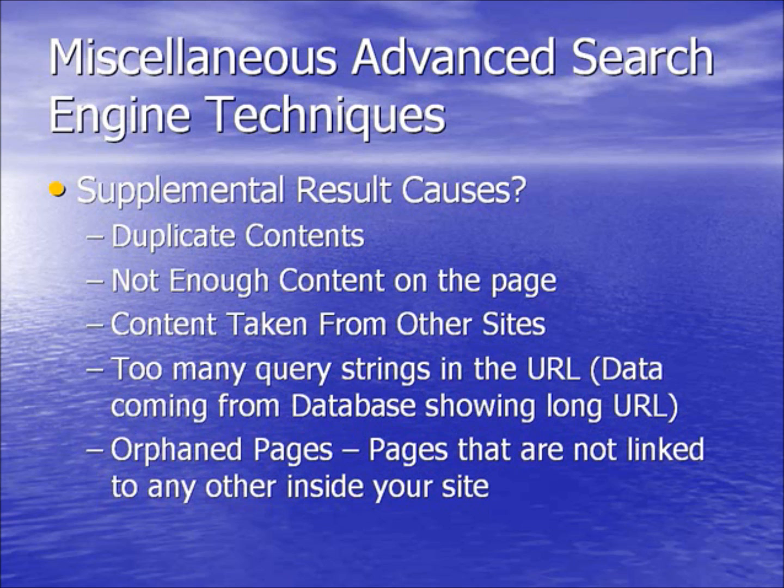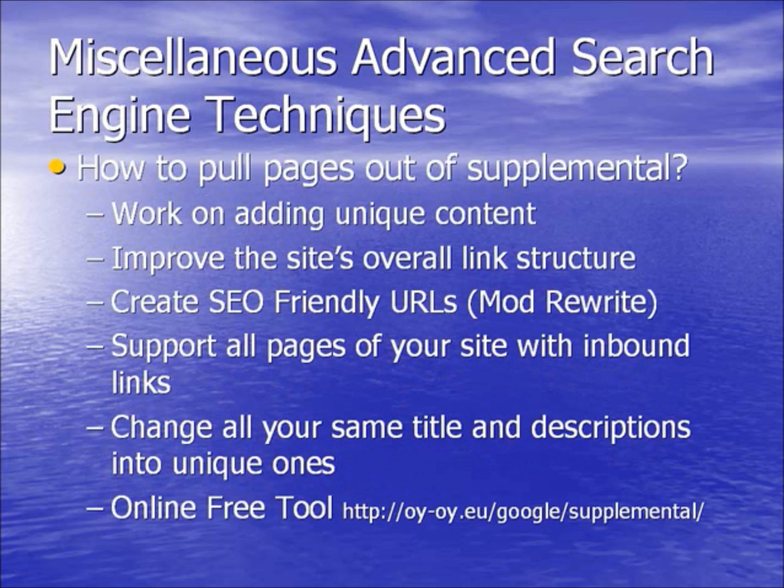Orphan pages, we've discussed before, are basically pages that are not linked to any other page on your website. There's no way to get to these pages. So the task of a good search engine optimizer is to pull these pages out of the Google supplemental index and into the Google main index.